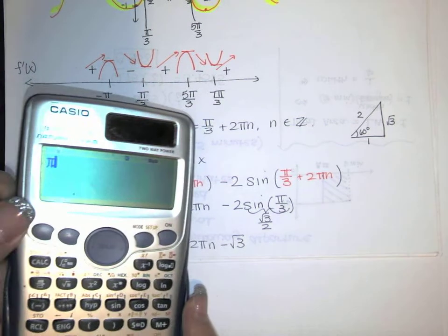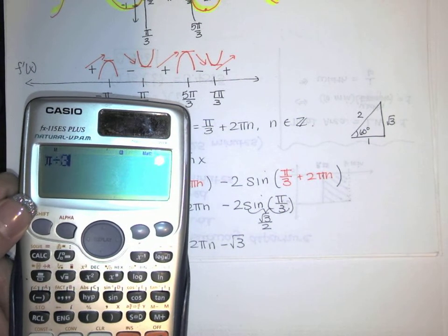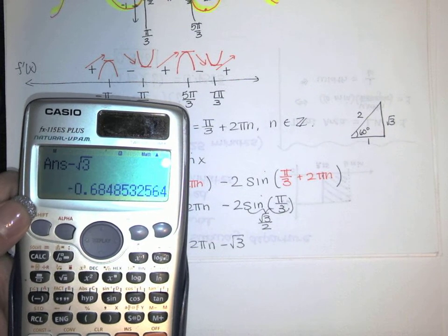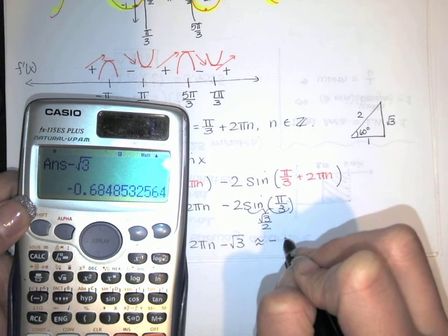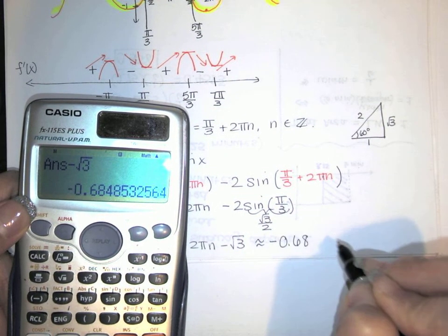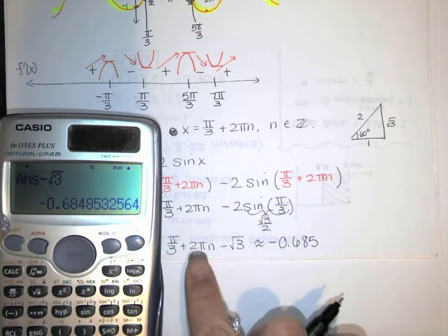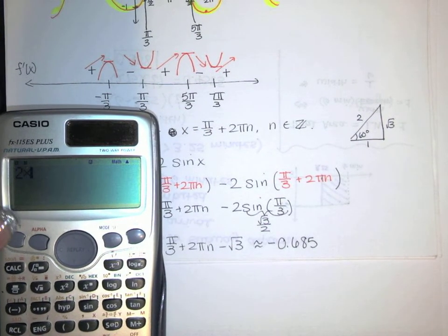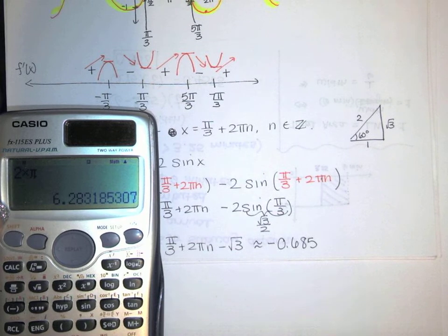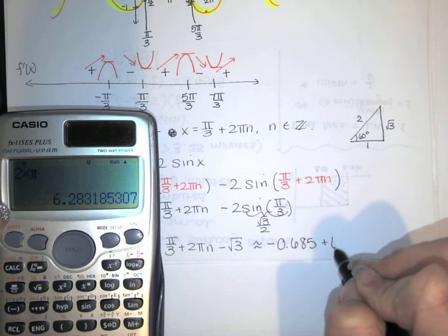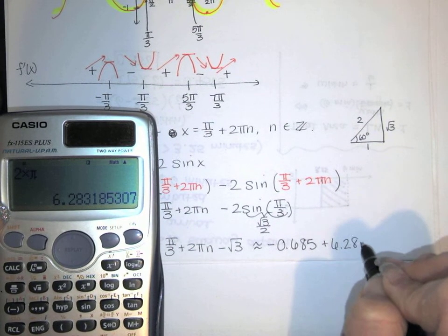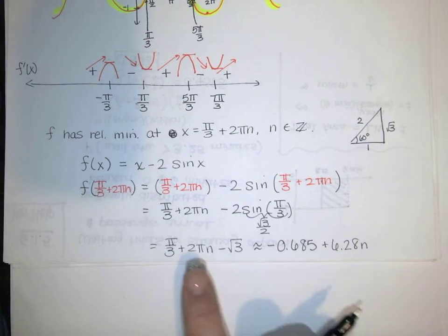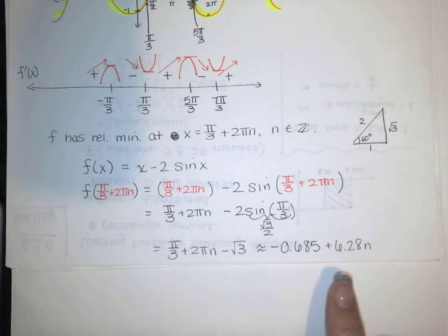Pi divided by 3 minus square root of 3, that's giving us this constant, negative 0.685 approximately. Then we're adding 2 pi, which I think we all know what that approximation is already, 6.28 times n. So every n, the function value is increasing by 6.28.